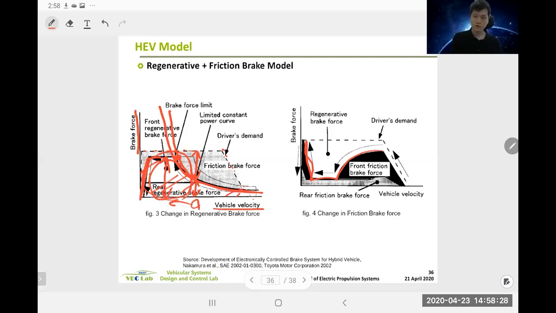So if you are driving a hybrid, you need to be soft on the brake. That will help you increase fuel economy. If you do hard braking, then friction brake comes in and you're losing that energy.